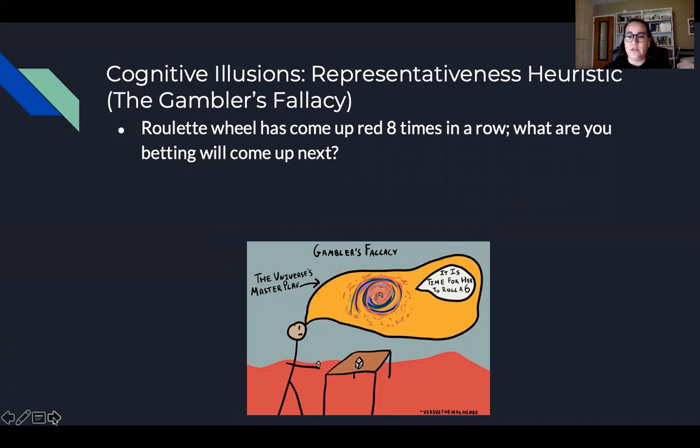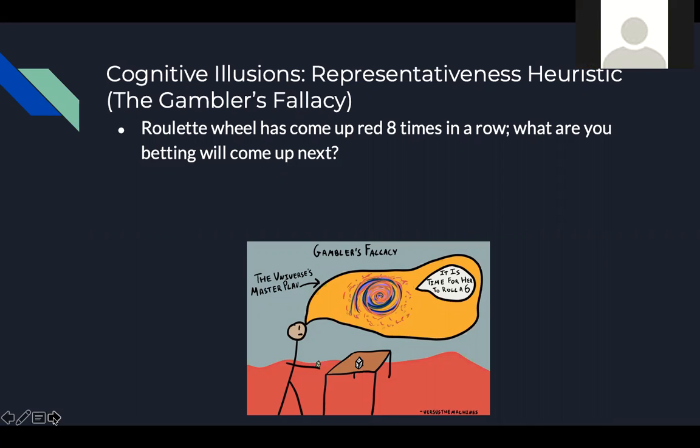There's a ball or a marker that moves when you spin the wheel, and you're betting on what color you think the ball or the marker is going to land on. Is it going to land on red or is it going to land on black?